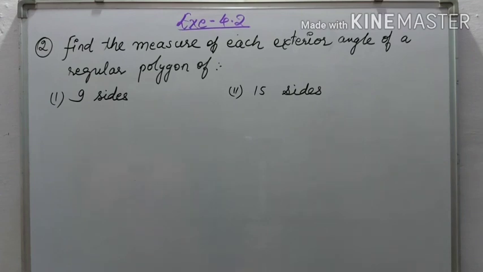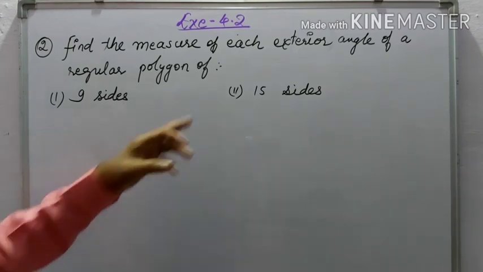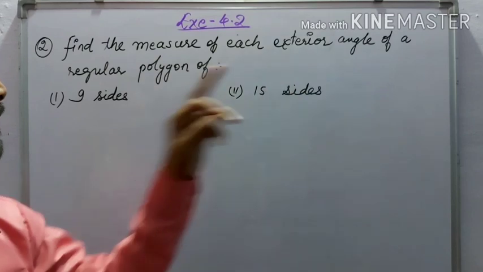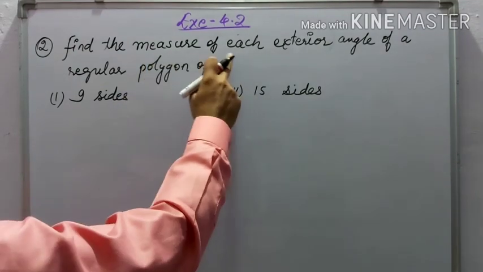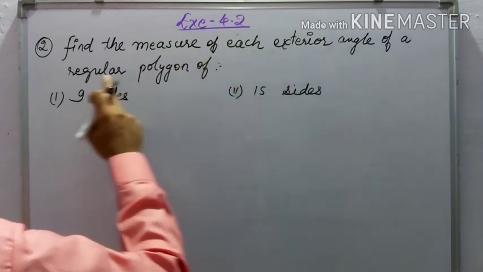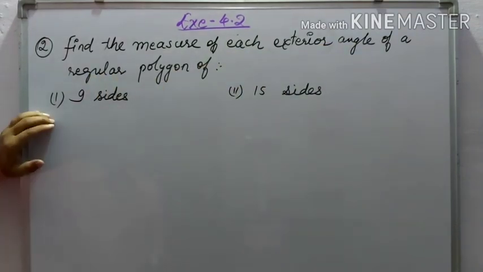Now question number 2: find the measure of each exterior angle of the regular polygon. First, the number of sides is 9, and second, the number of sides is 15.